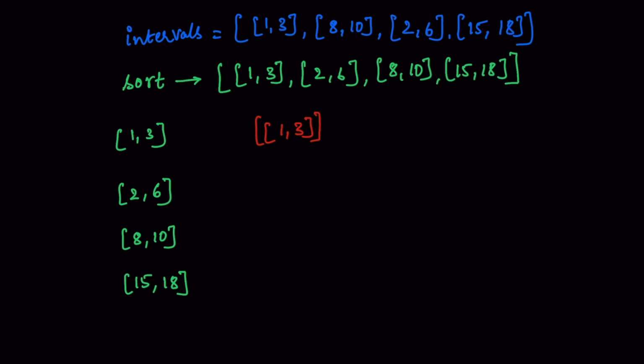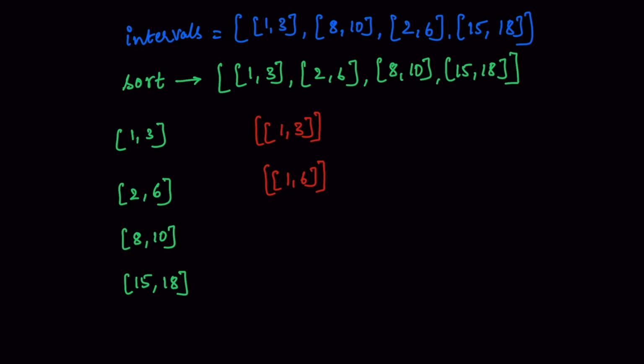When we compare [1,3] and [2,6], this is similar to case 1. So we merge these two intervals and the output is going to be [1,6], because we have to take the maximum of 3 and 6.